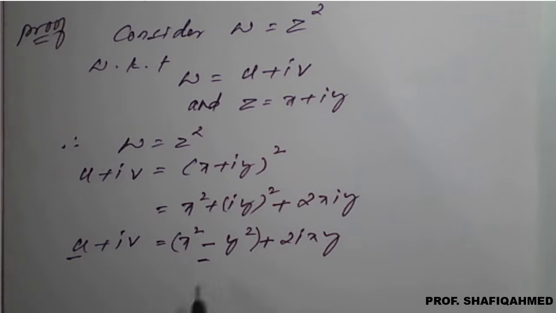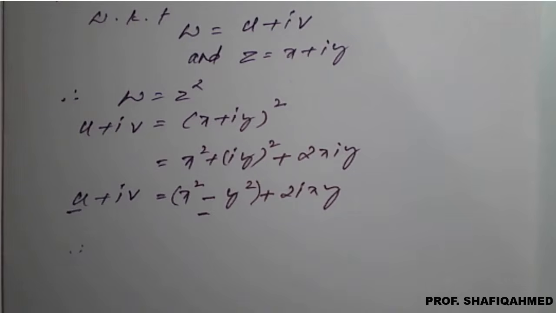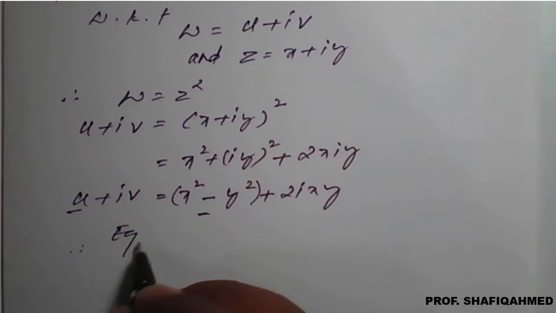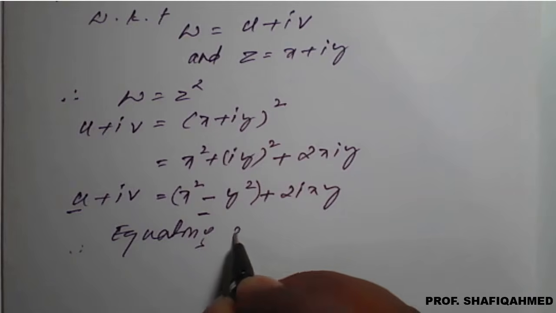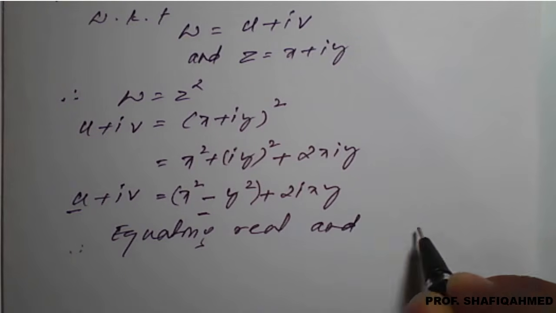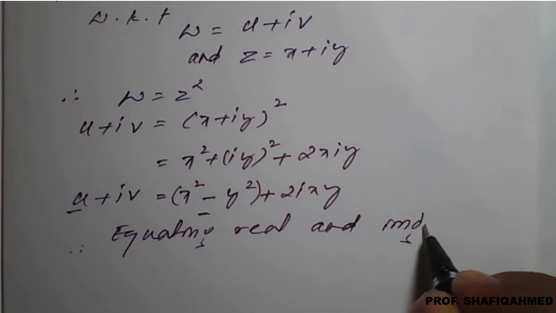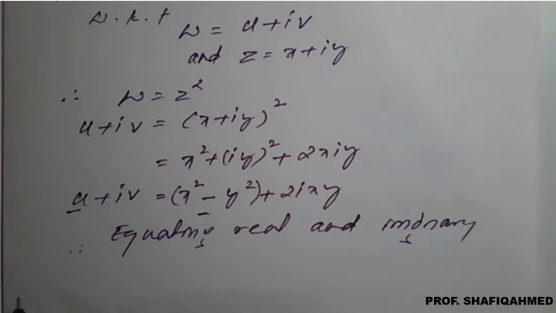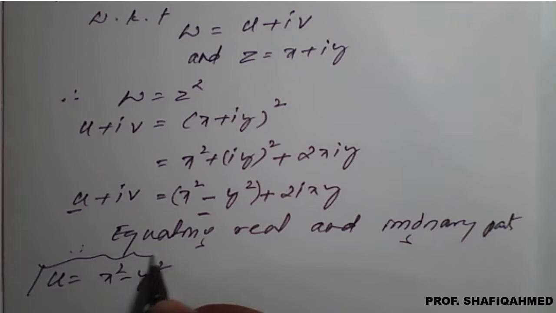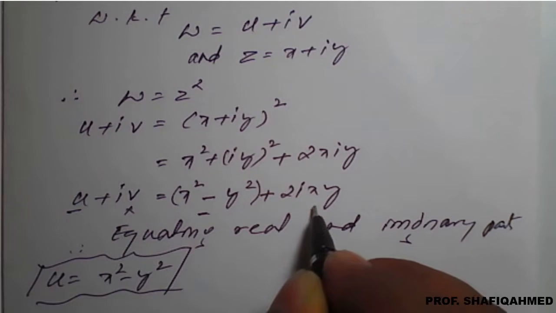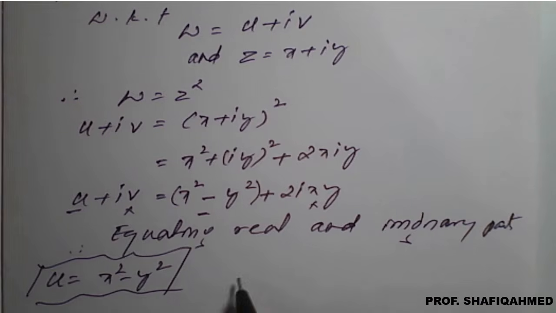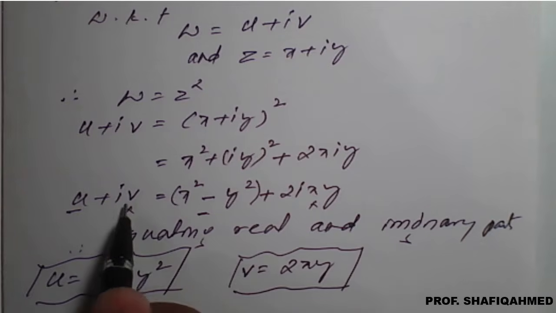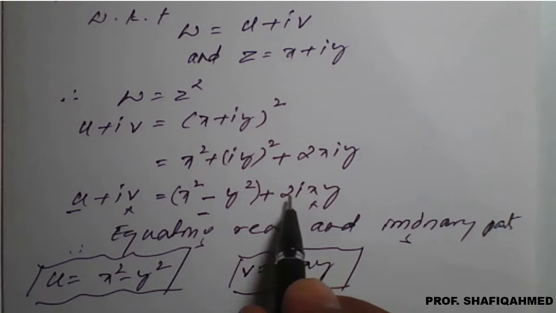Therefore, on equating real and imaginary parts, we get u equal to x square minus y square, and comparing the imaginary part, v equal to 2xy, since the coefficient of i in this is v, and here the coefficient of i is 2xy.